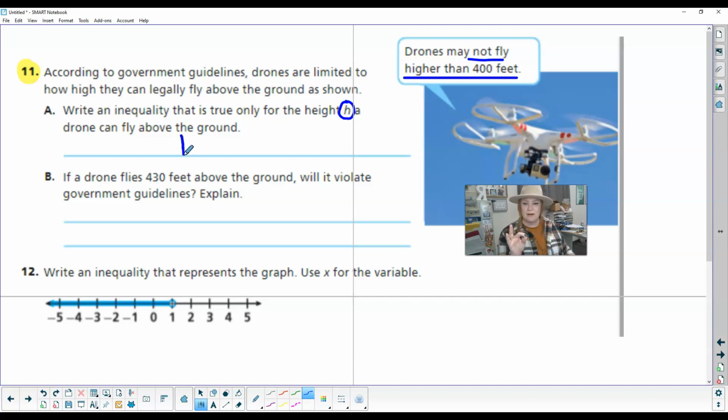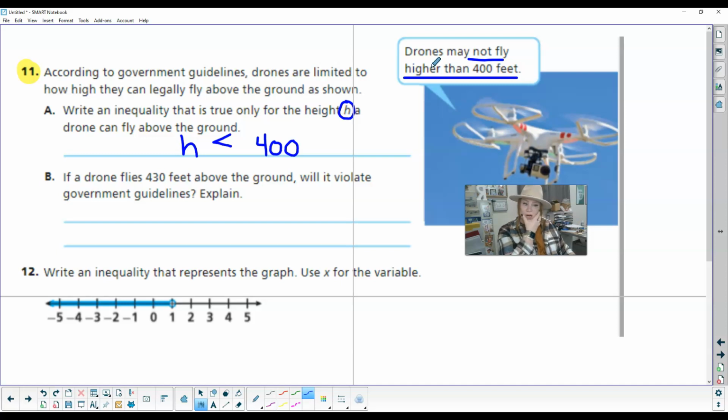So I am comparing H, and we've got the number 400. We always want to find that variable and the number it's setting as a limit. How high can drones fly? I'm trying to find a height drones can fly. It cannot go higher than 400.